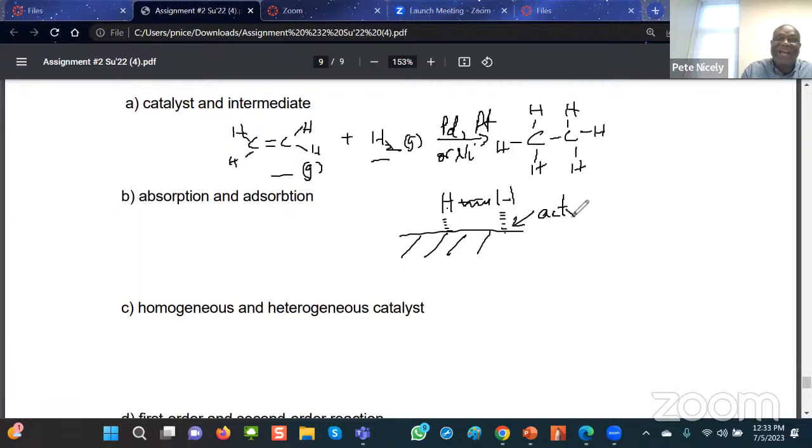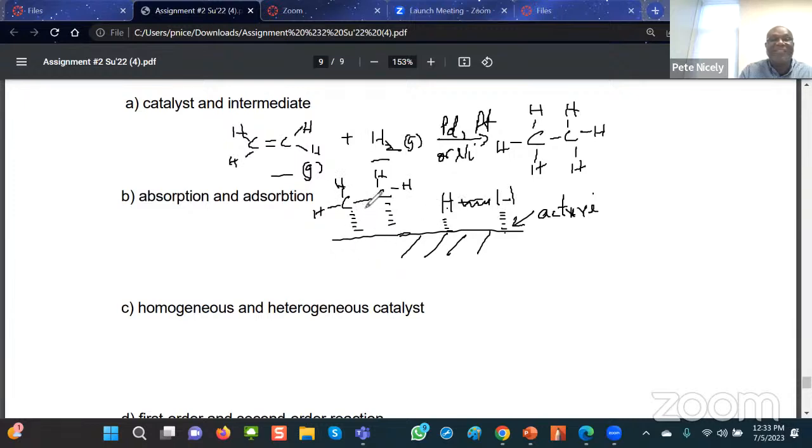This is where the hydrogen atoms will end up being linked to, and then what will happen is that the hydrogen will move. Oh, and the same is actually going to be the case for the ethene molecule or the acetylene molecule. You're going to have the carbon atoms bonded to the metal surface as well, like this. And then what will happen is that the hydrogen atoms will move along the surface along with these atoms, the carbon atoms.